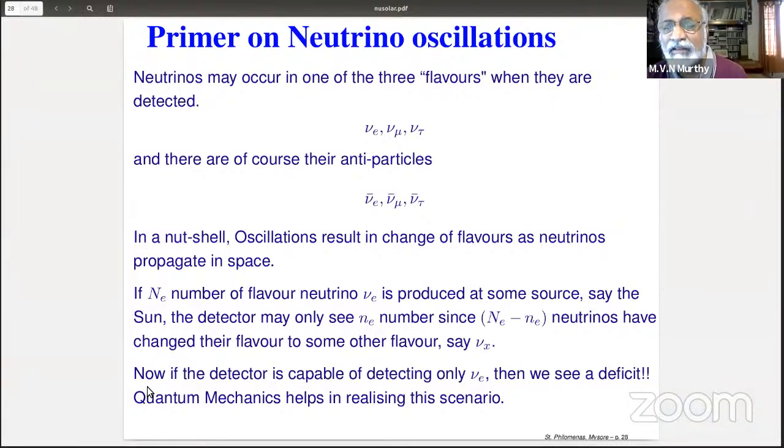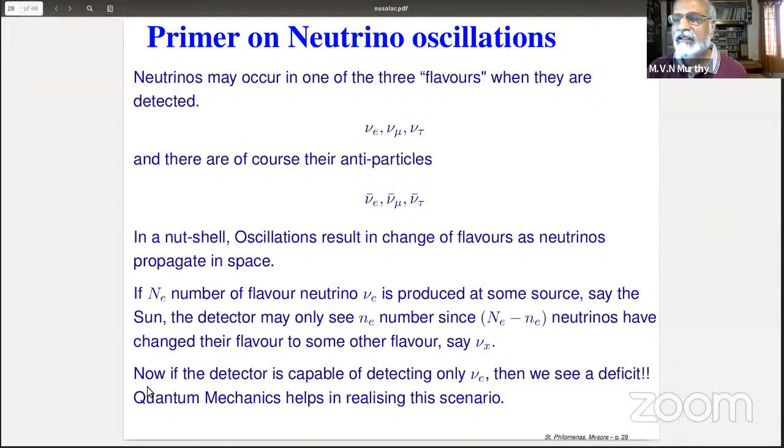So in a nutshell, the solution that we are going to talk about is a mechanism called oscillation that results in the change of flavors as neutrinos propagate through space. Which means if you have some number n of neutrinos of electron type, as they travel in space, part of it gets converted into, let us say, nu_mu, and what is remaining goes as nu_e.